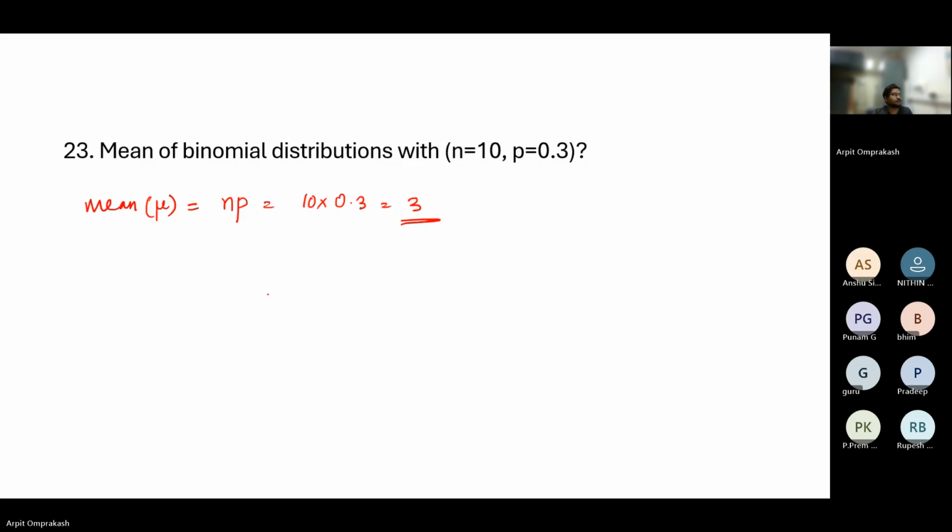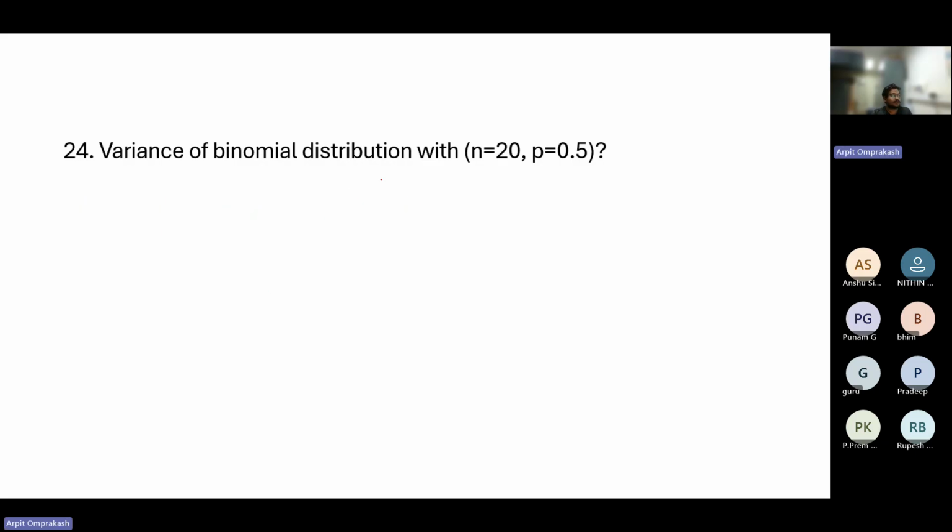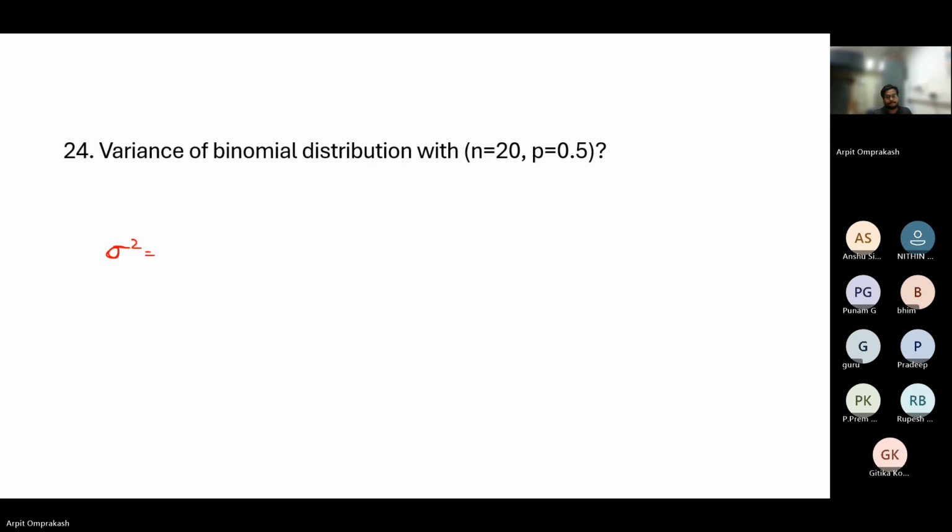Now the next question is, variance of binomial distribution with n equal to 20 and p equal to 0.5 is dash. For the binomial distribution, the formula for variance is given as n p q. Perfect.